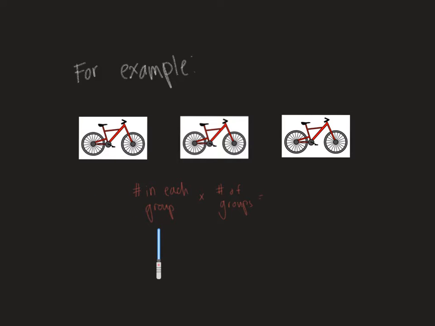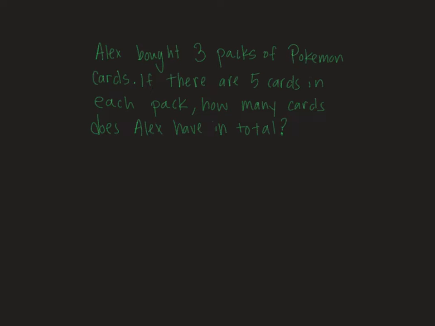So the number in each group, we could say that we have 2 wheels in each group times the number of groups, which is 1 group, 2 groups, and 3 groups, will give us 6.